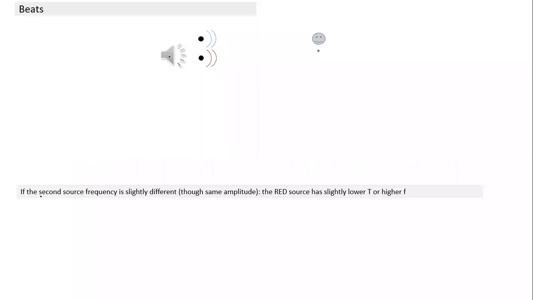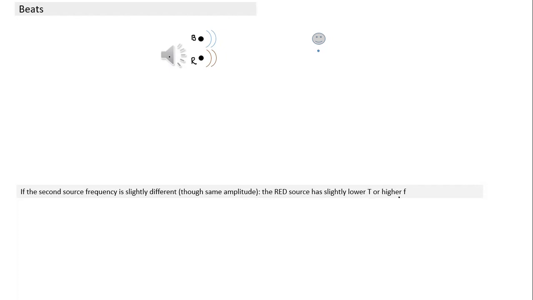What will happen if the second source frequency is slightly different? Earlier, both sources were of the same frequency. Now, if the second source frequency is slightly different, though the amplitude is the same, for the blue source and the red source, suppose the red source has a slightly lower time period, or higher frequency.